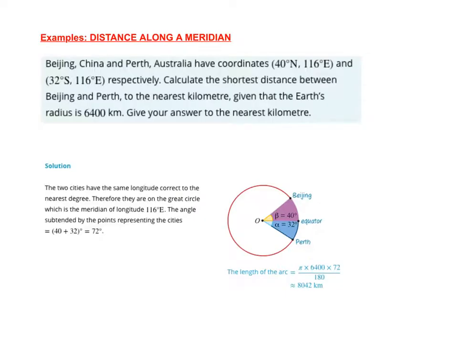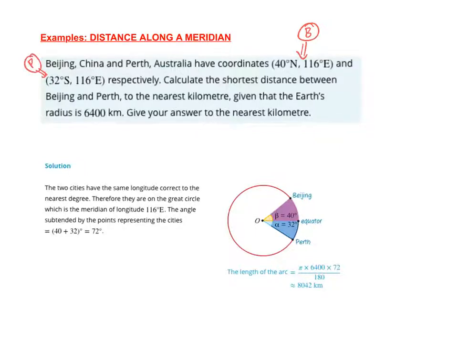Let's have a look at some questions so you know what they're going to go with. Don't stress. It says Beijing, China and Perth, Australia have the coordinates of 40 degrees north and 116 degrees east. So they're saying this is Beijing, and this one is Perth.